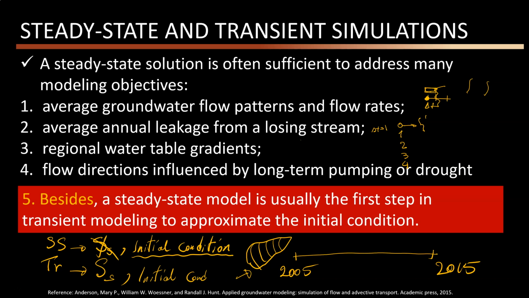One way is that I define an initial condition manually, let's say using the potentiometric information, and I assign probable values here. This is not efficient. Usually the model crashes.